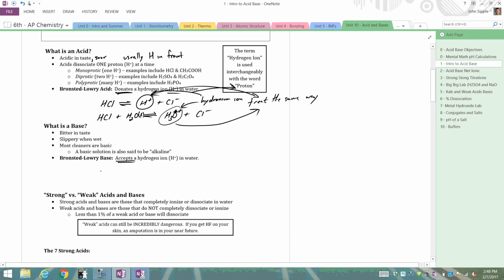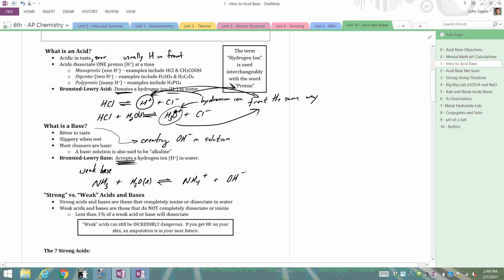In most cases you might be familiar with a base creating OH minuses in solution. And that's what they do, by accepting. So take weak bases. The extraordinarily famous weak base, ammonia, NH3, if we put that in some water, is going to accept an H from water to make the ammonium ion, NH4 plus, and hydroxide ions in solution.